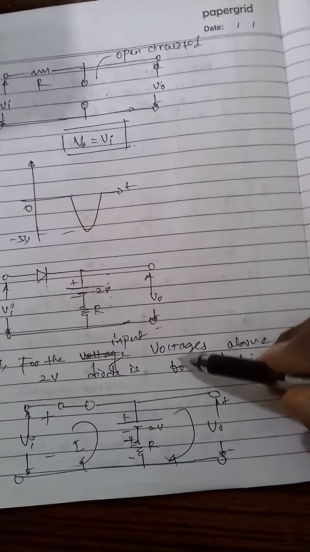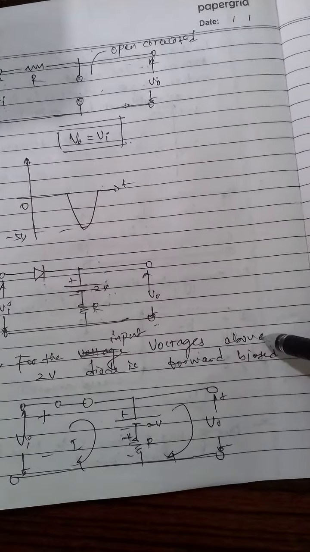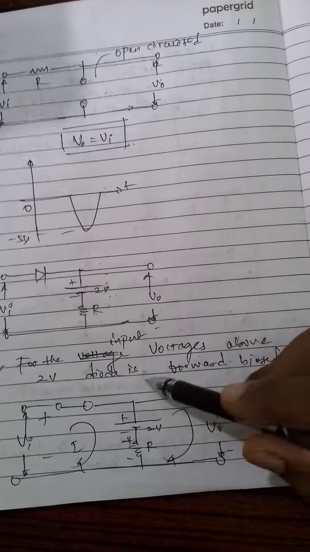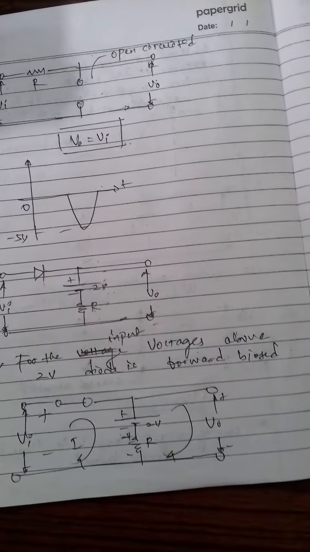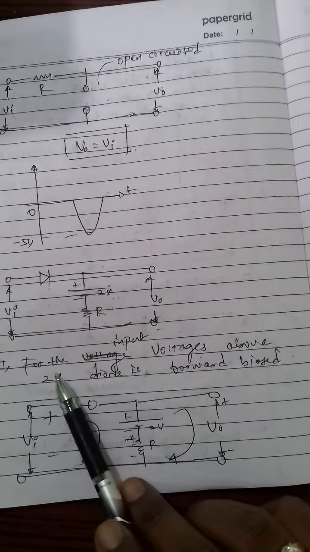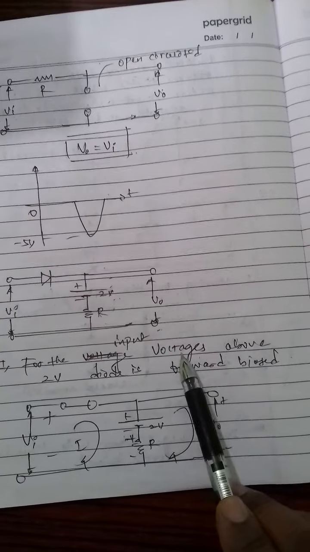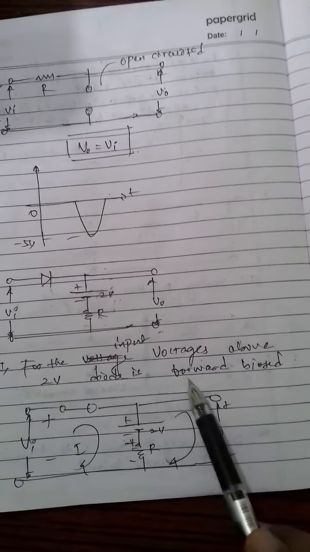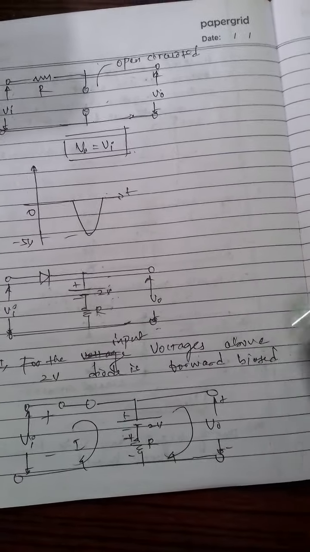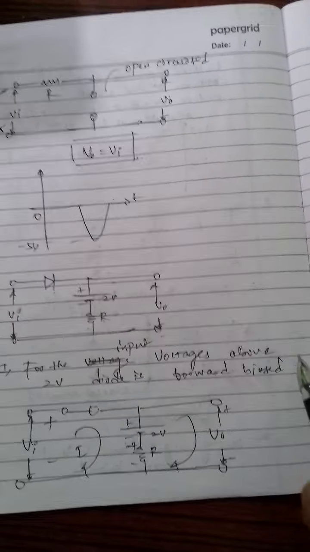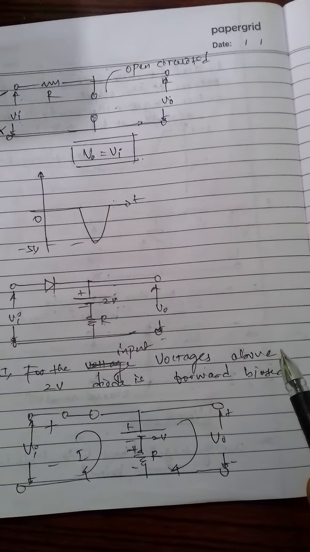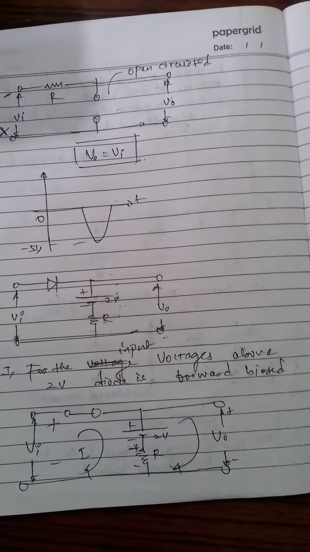Now for the input voltages above 2 volts, the diode is forward biased. Why is it forward biased?